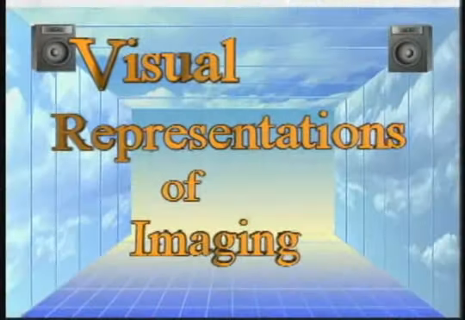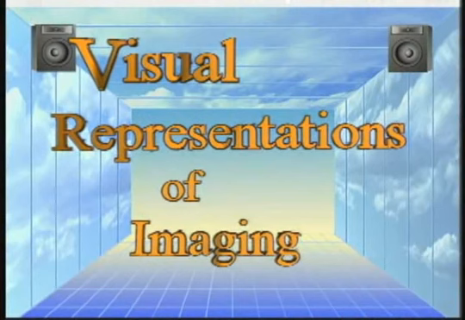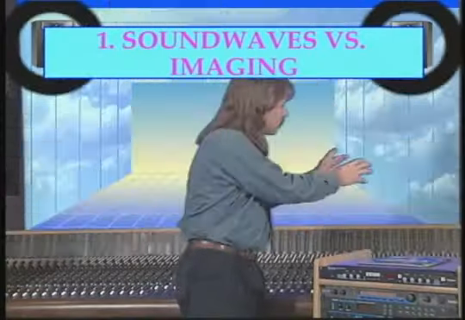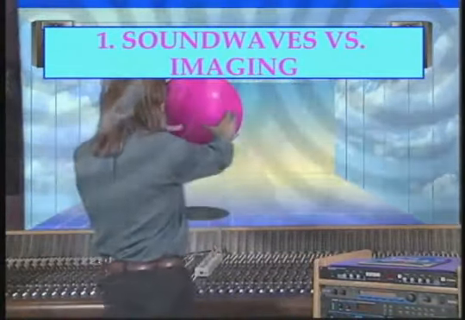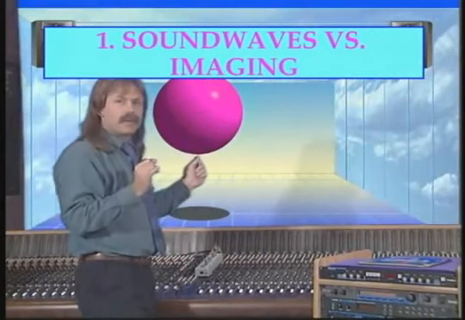The first video in the series was designed as an introduction to our visual framework for representing sounds in a mix. In this video we have covered, and you've learned, that we perceive sounds in a mix two ways. One, we feel the sound waves hitting our ears and our body. Second, we imagine the sounds between the speakers.